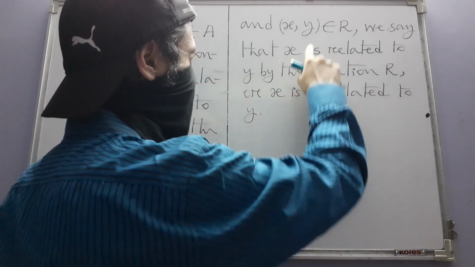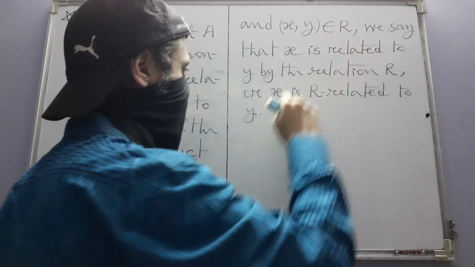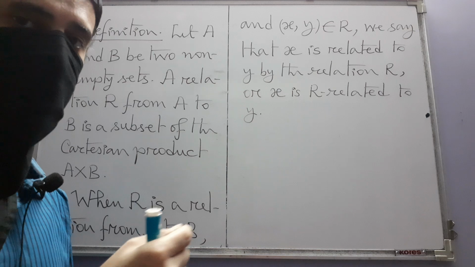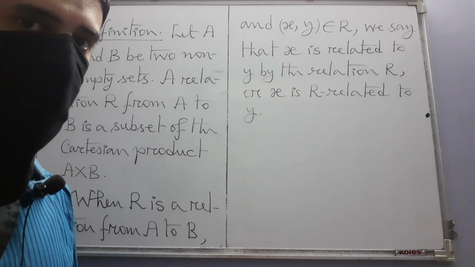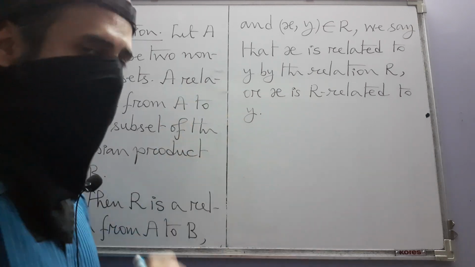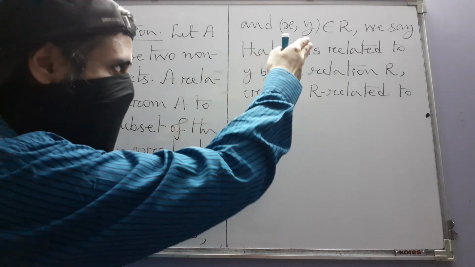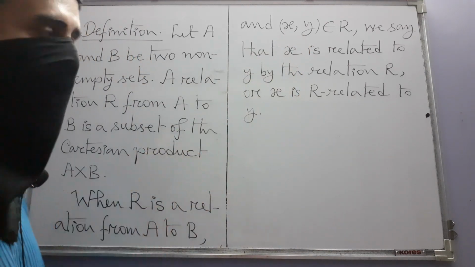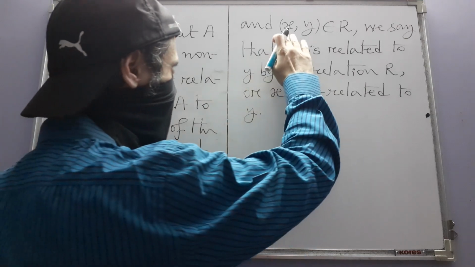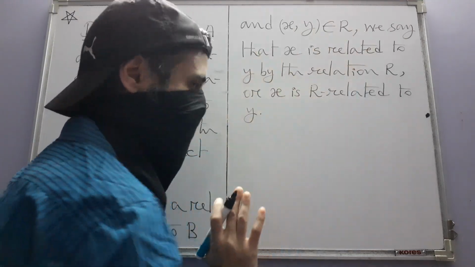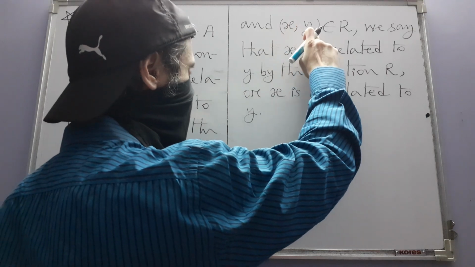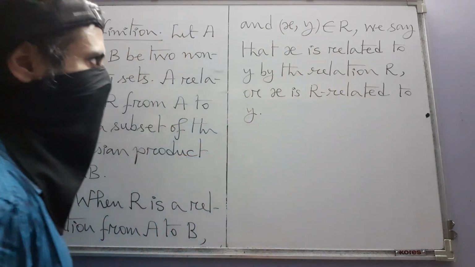In other words, this set actually gives us the pairs of elements which are related to one another. Okay, so it records all such pairs, and as such, the set R itself defines the relation that we have here. And when you have one ordered pair like this as an element in R, you say that X is related to Y by this relation R.